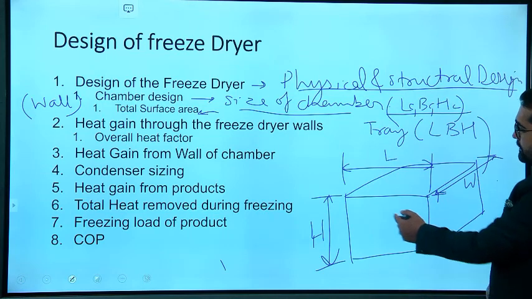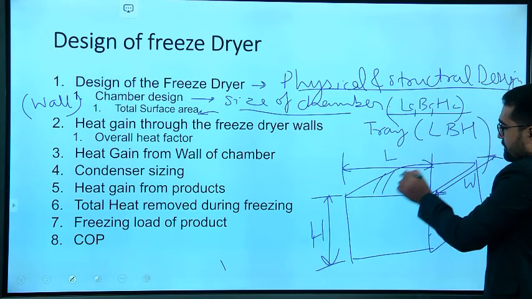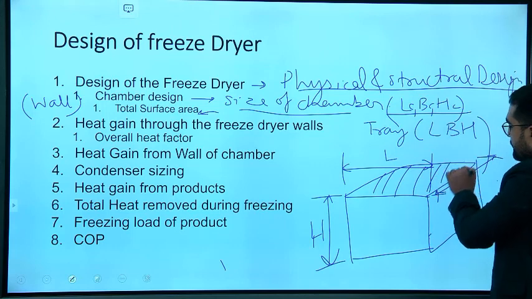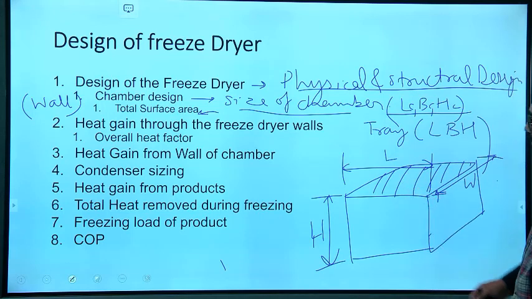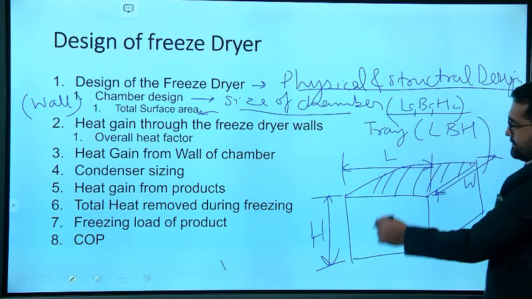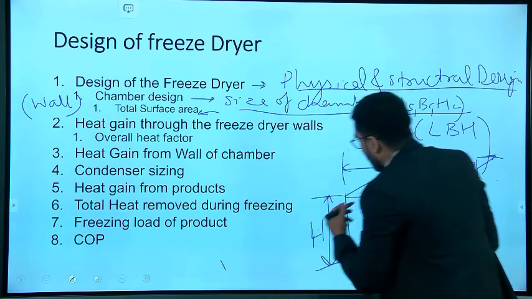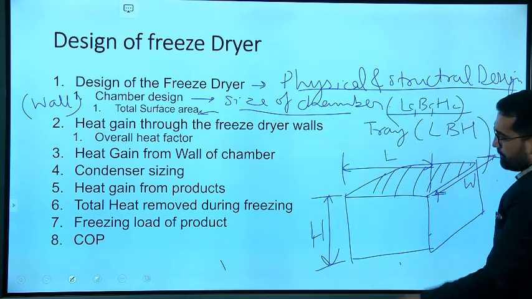How to find it out? This is a rectangle, so what is the area of this rectangle? Length into width. There are 2 rectangles, one at the top, one at the bottom.